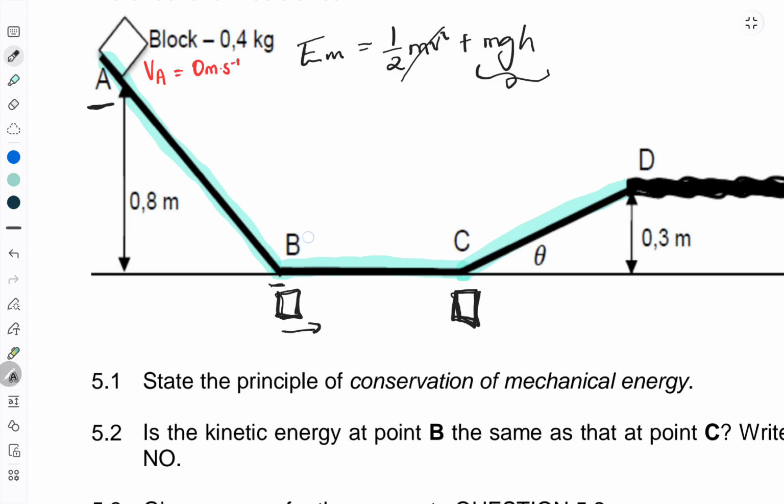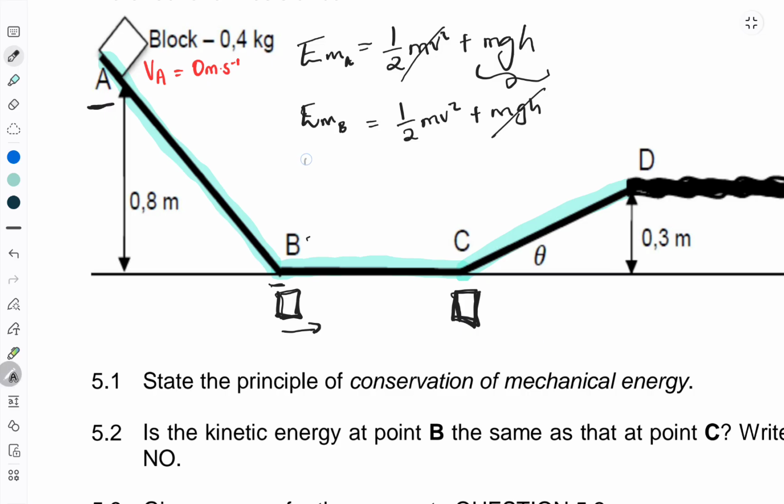When you get to point B, the height is now 0, and we have a velocity term plus mgh. The velocity will be non-zero by the time you get to point B, because the block would have accelerated to some speed. But the height is 0, so the total mechanical energy only includes kinetic energy.